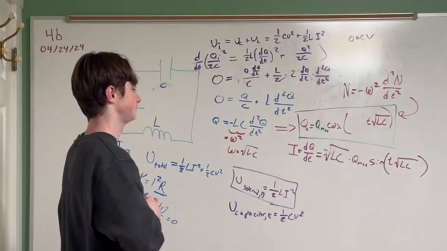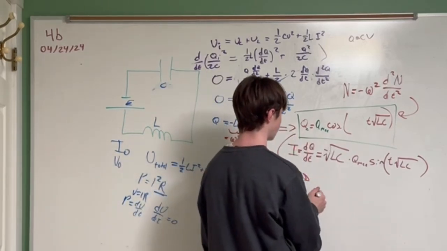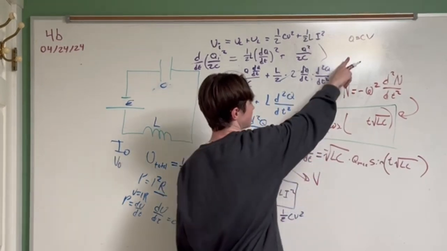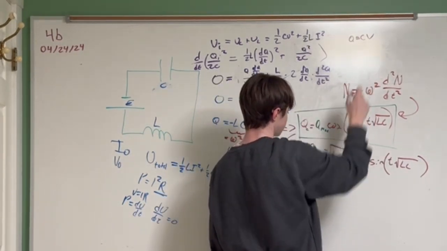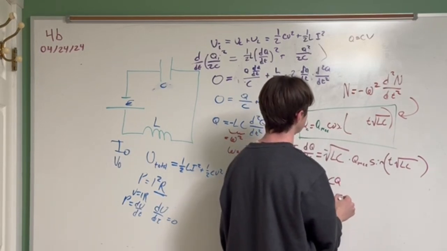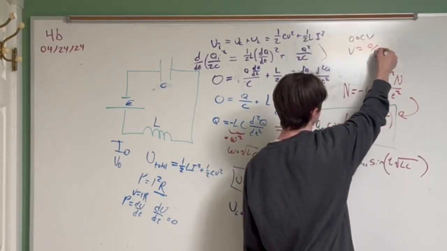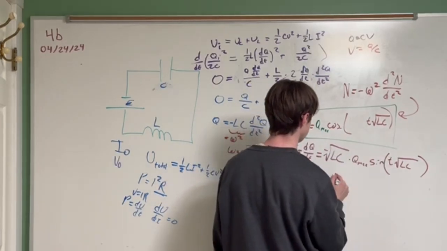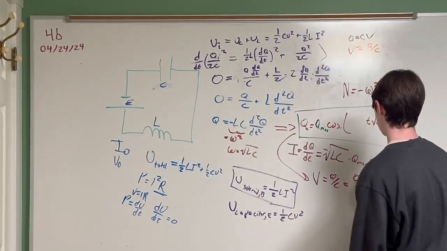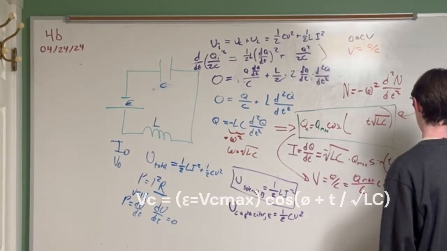So yeah, and then we have voltage. Voltage is just similar to this, but it has some coefficient. Q is equal to CV, so to get voltage we divide both sides by C. Voltage is equal to Q over C, which is Q max over C cosine of t times the square root of LC.